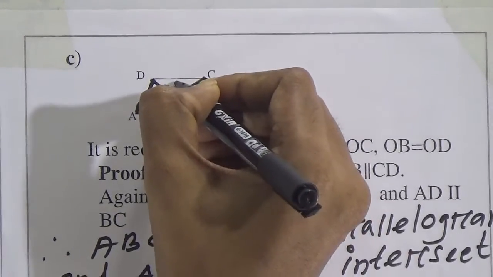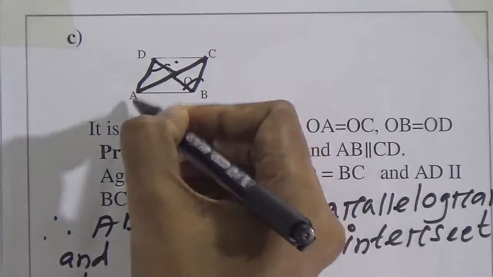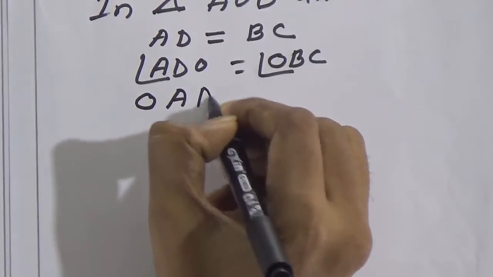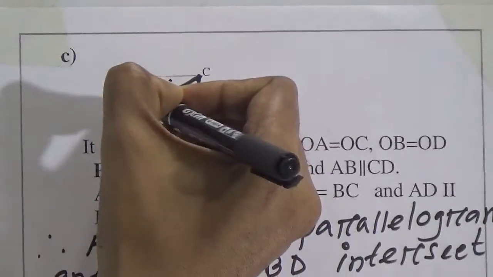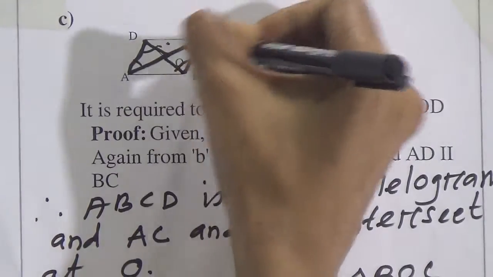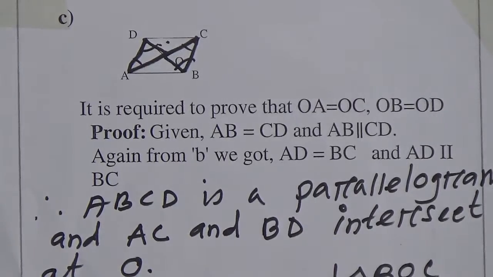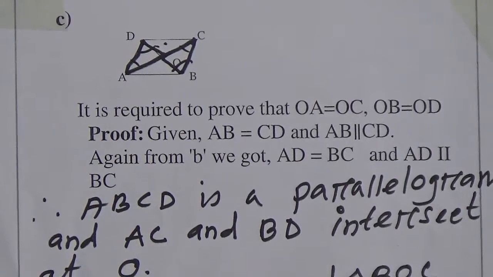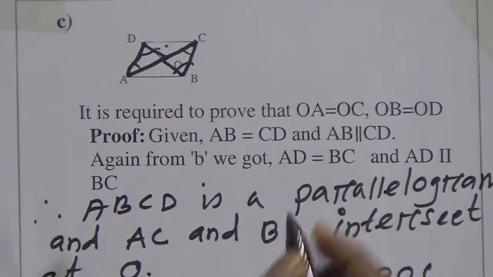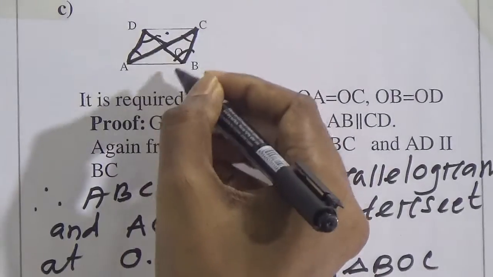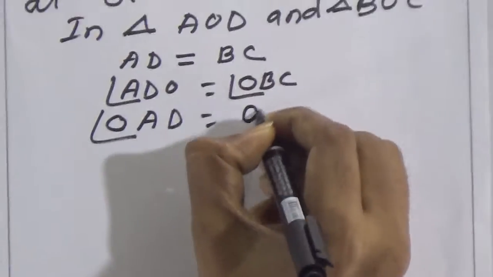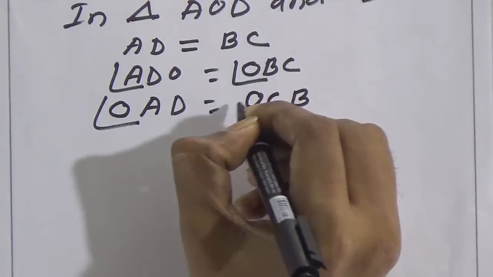Similarly, look, I consider now this angle OAD. This angle equal to what? Because AC is their transversal and they are alternate angles, so you can say OAD equal to OCB.